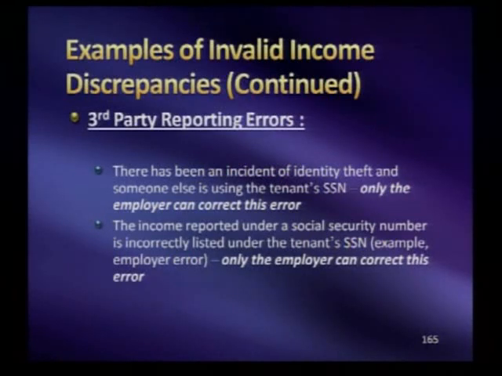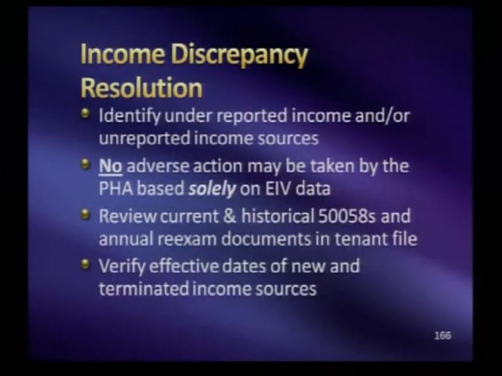Third-party reporting errors: again, if the employer makes an error reporting wage information or if the SSA information is incorrect, then you will have a discrepancy. And again, incorrect EIV information is corrected by the source, not by HUD, not by the PHA.